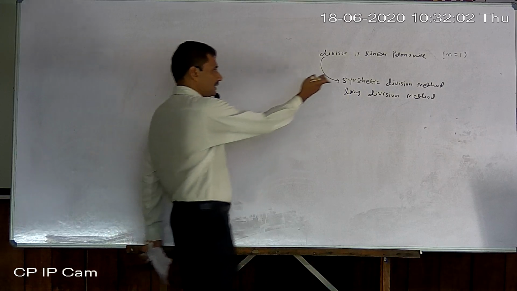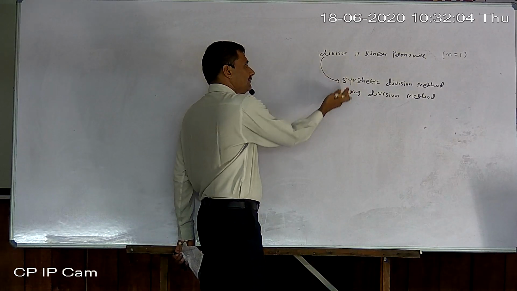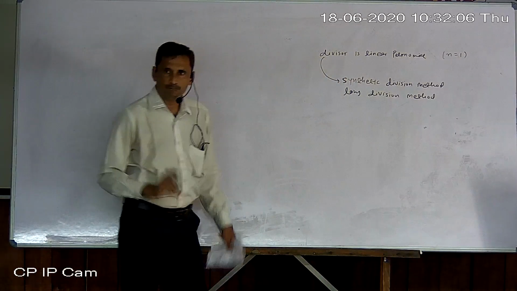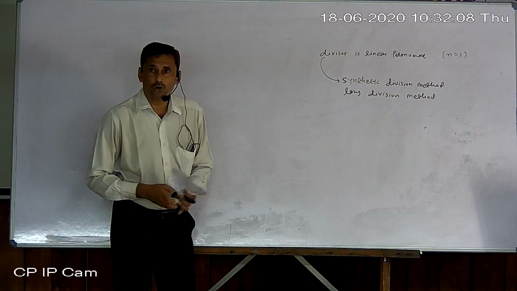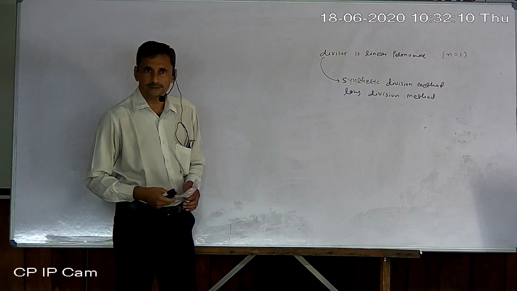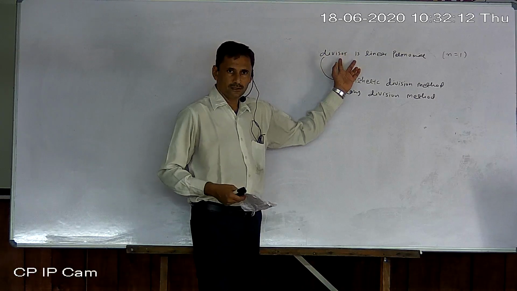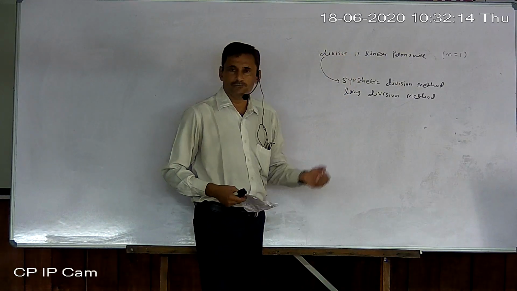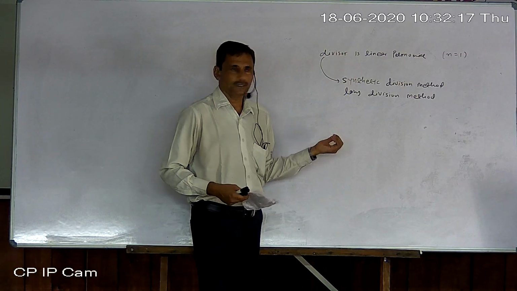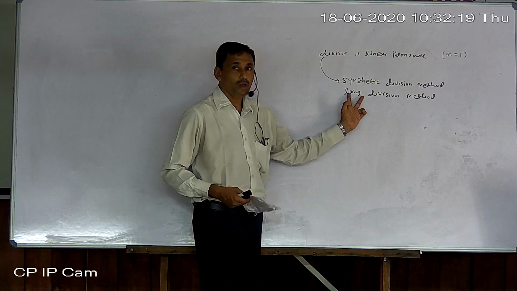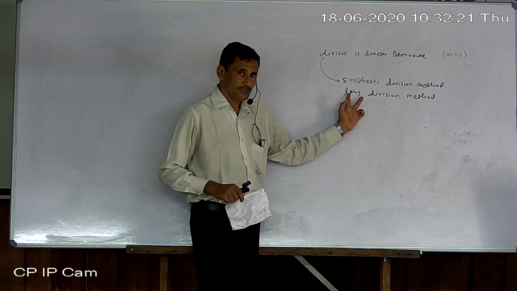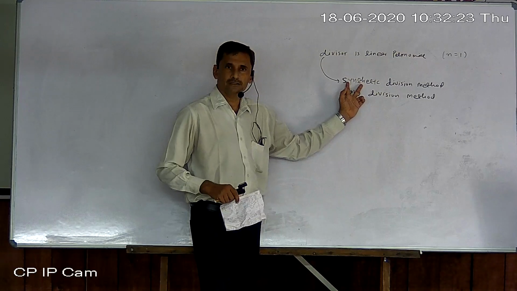Means there are two options, by any way you can divide. But if your divisor polynomial is not linear, maybe quadratic or maybe cubic, at that time you have to follow the long division method only. This one is not applicable there.